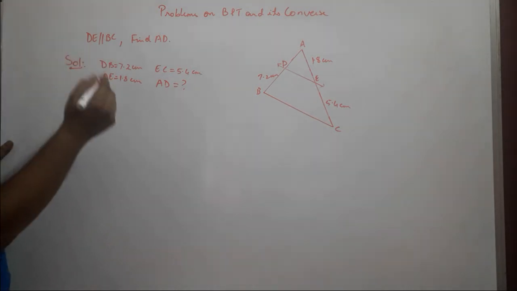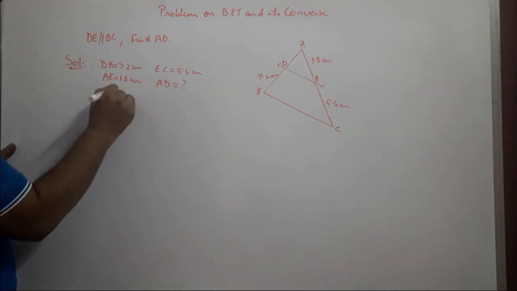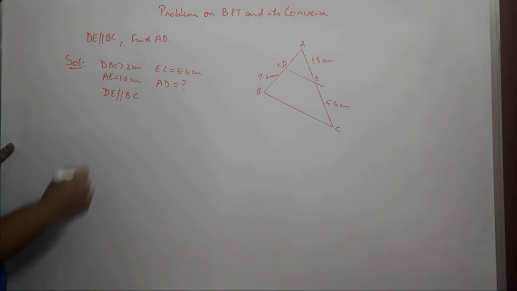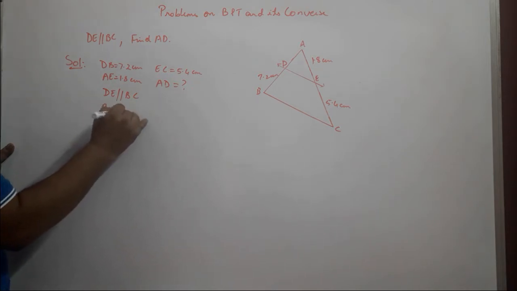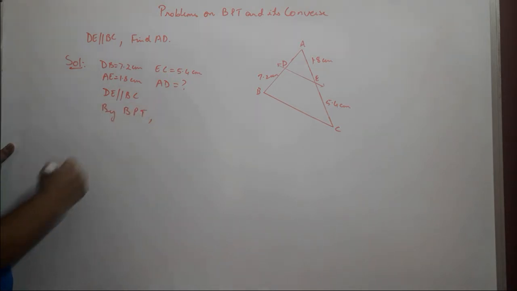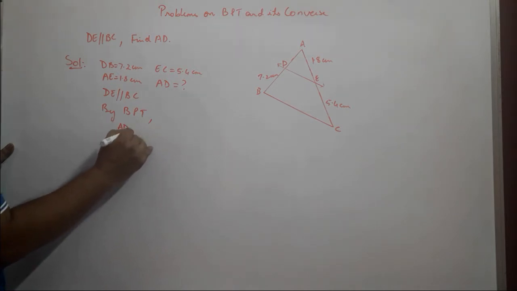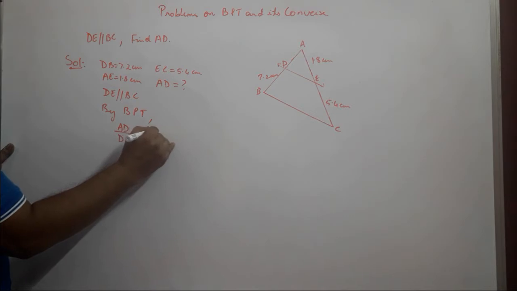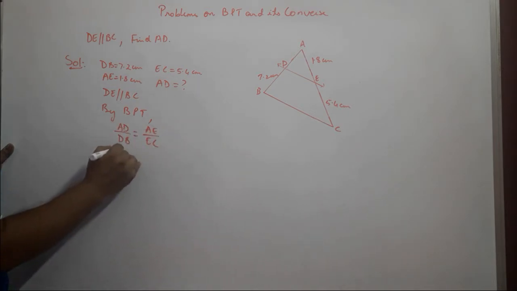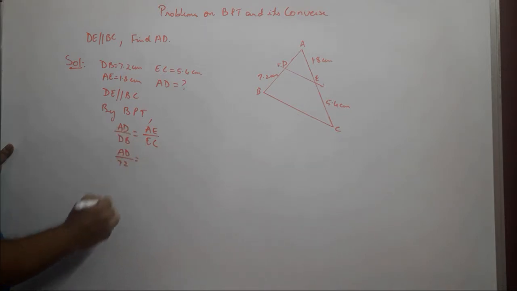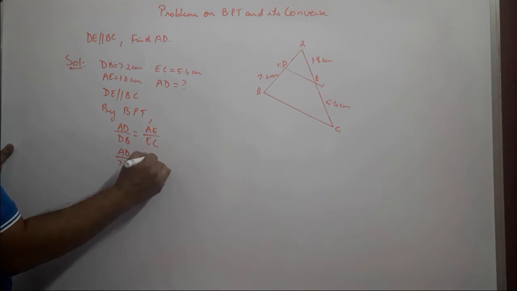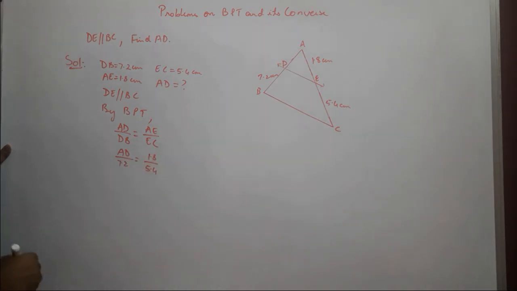We are given that DE is parallel to BC. So by basic proportionality theorem, we can say that AD upon DB is equal to AE upon EC. AD is something that we need to find out. DB is 7.2, AE is 1.8, EC is 5.4.